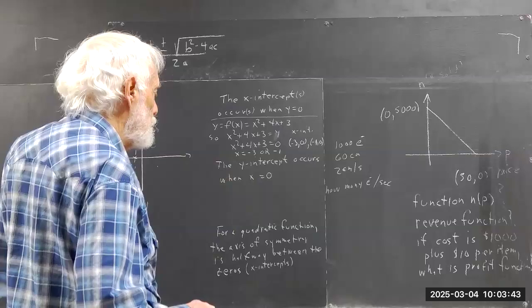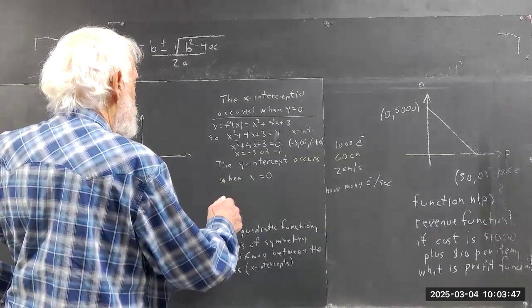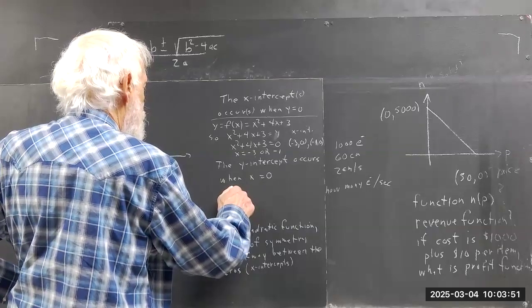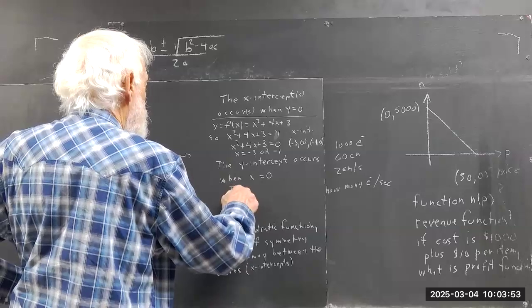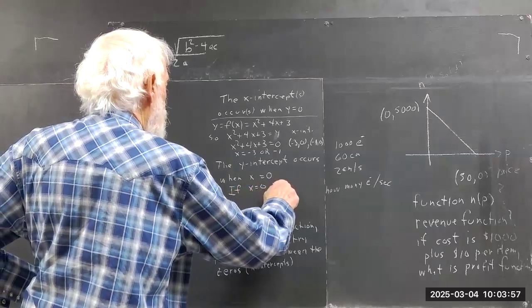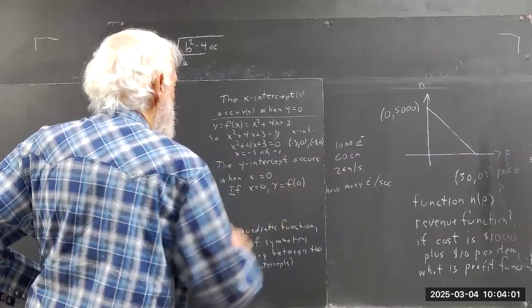Okay, the Y-intercept occurs when X equals 0. So X equals 0, Y equals f of 0.